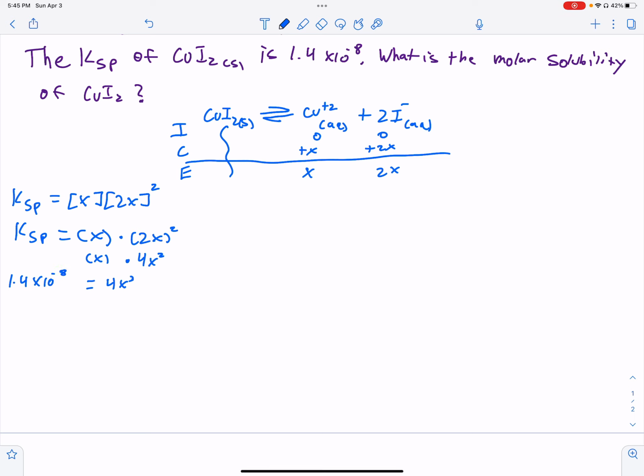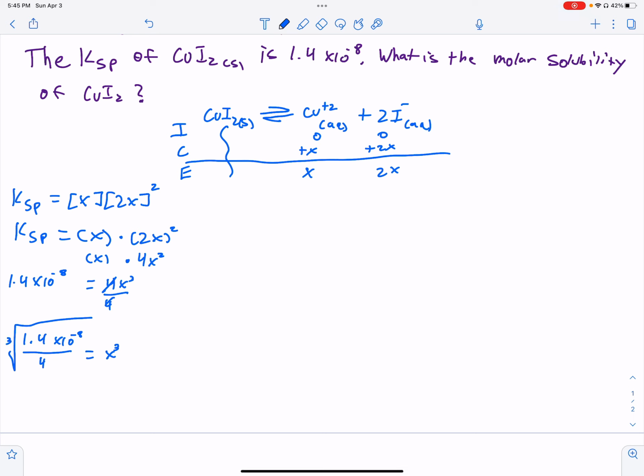Now I need to solve for X. I'm going to divide both sides by 4, so I get 1.4 times 10 to the minus 8 divided by 4 is equal to X cubed. In order to get rid of the X cubed, I need to take the cube root of this side. It's not the square root, it's the cube root.